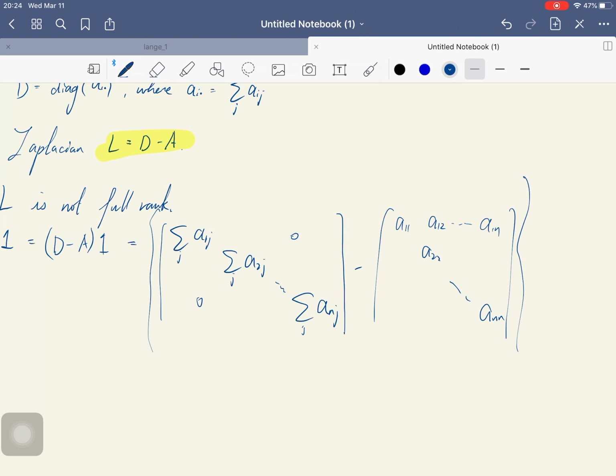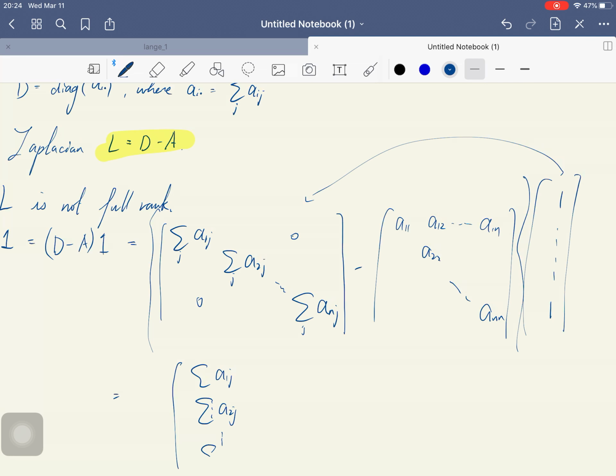So if you take this and multiply by 1, a vector of 1s, what is that equal to? We distribute the 1 and multiply these two matrices by it one by one. The first vector times the matrix gives the sum of a_1j, and the second one will be the sum of a_2j, all the way to a_nj, where these sum over j.